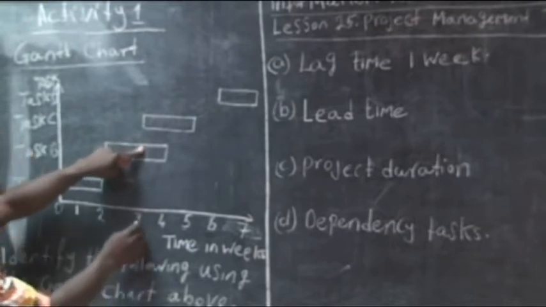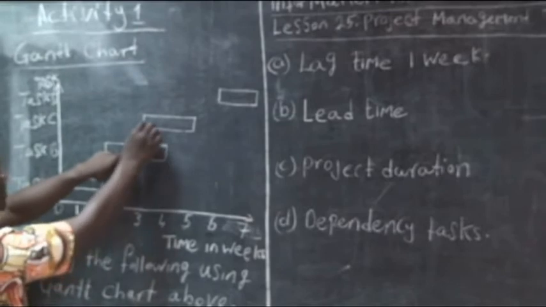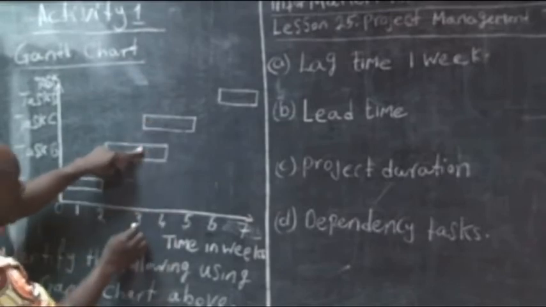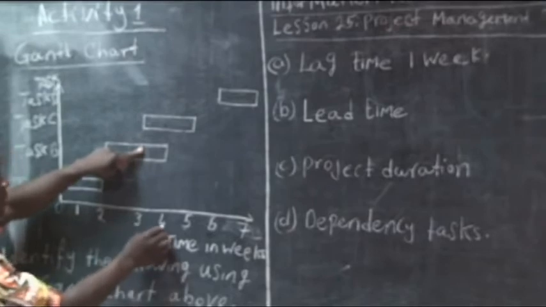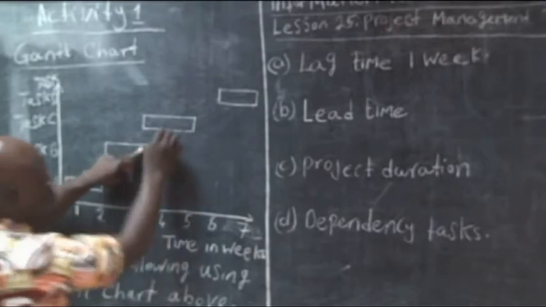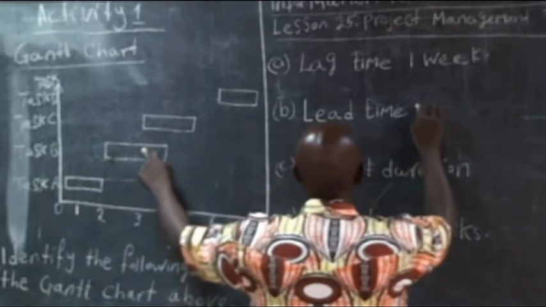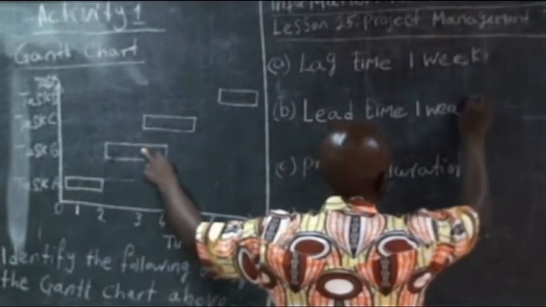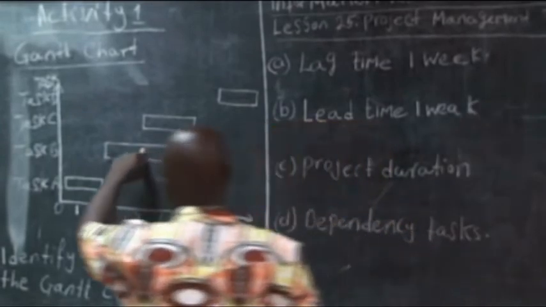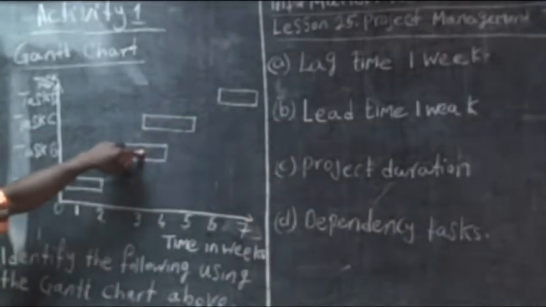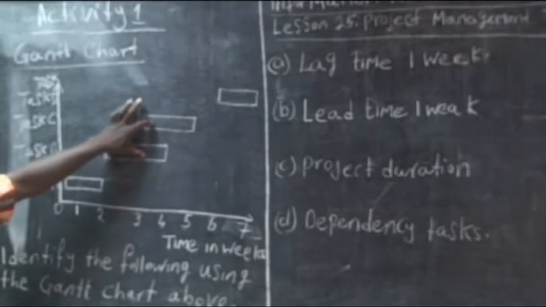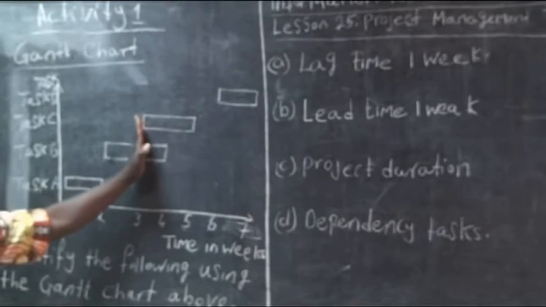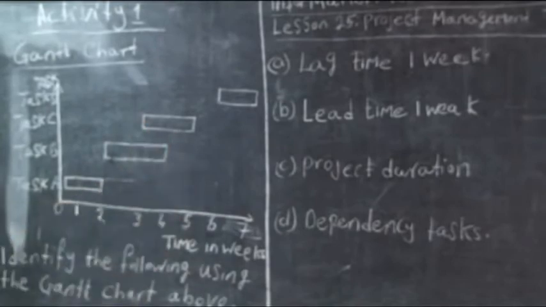And that lead time again is 1 week, because activity C commenced when 1 week was still left for activity B to complete. So we still say our lead time is 1 week, and it is where we obtain that time. And so these activities can go on while the other one is not yet completed.